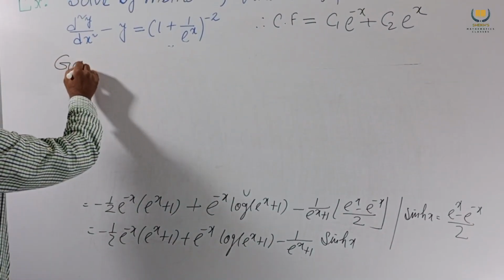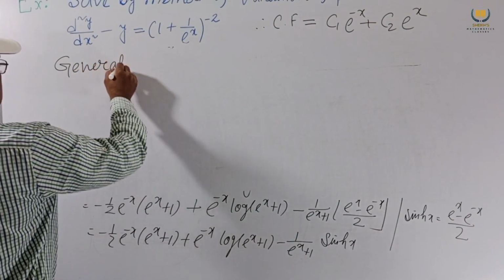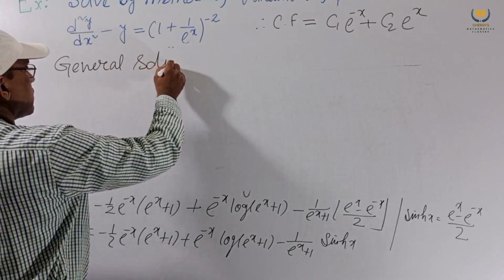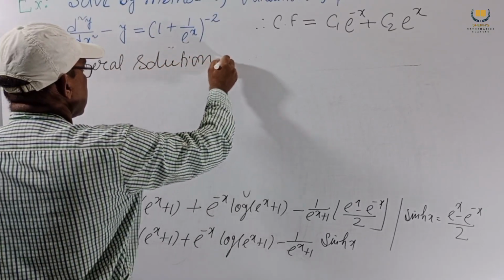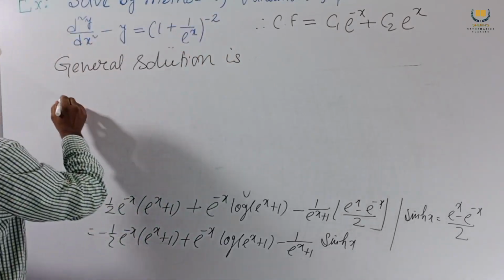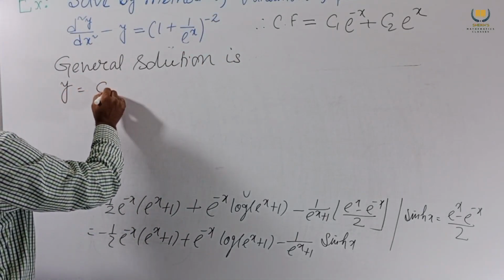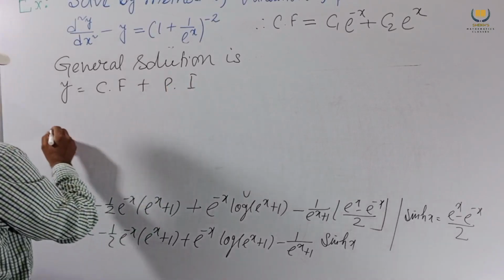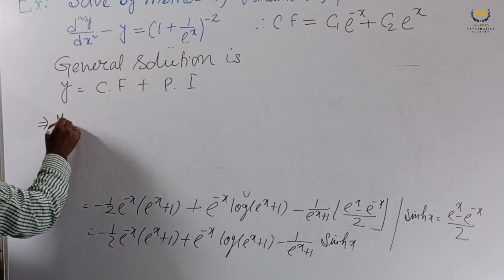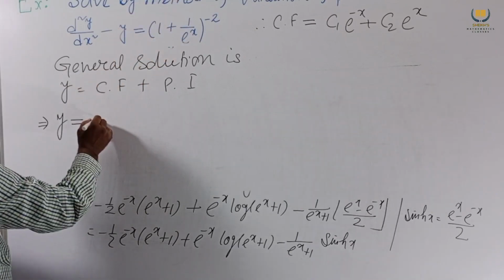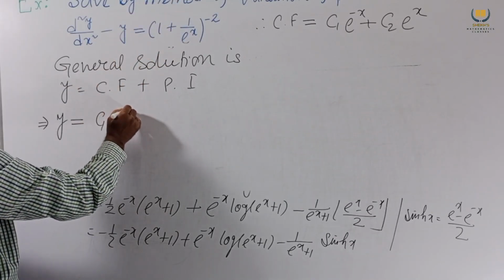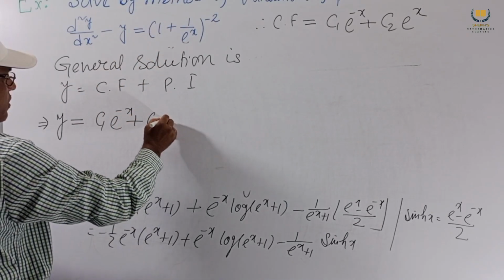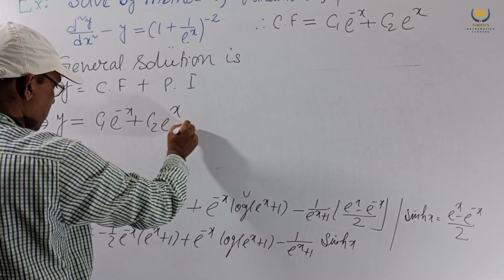The general solution is y equals CF plus PI. This implies y equals CF, which is c1 e to the power minus x plus c2 e to the power x, plus PI.